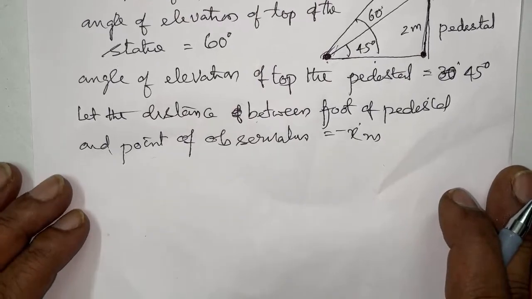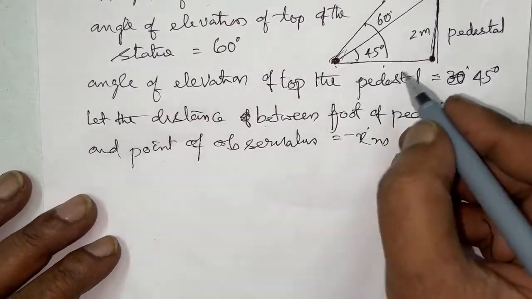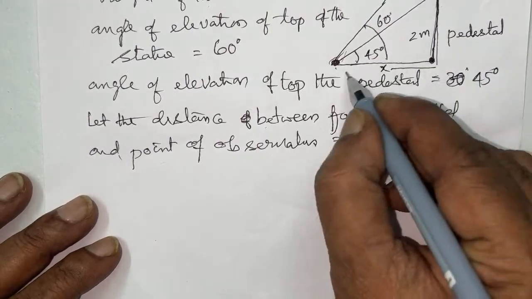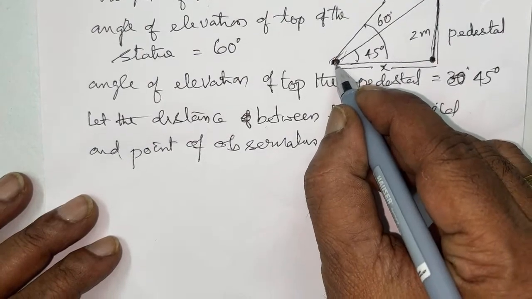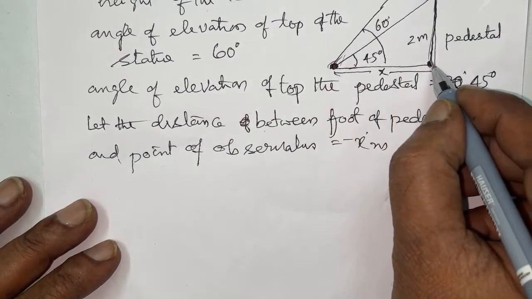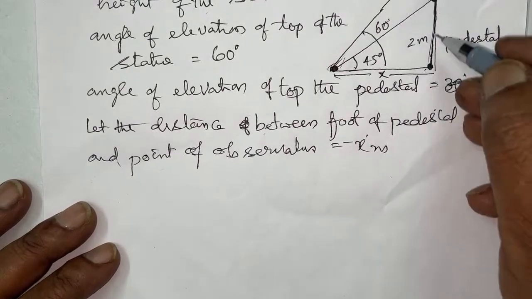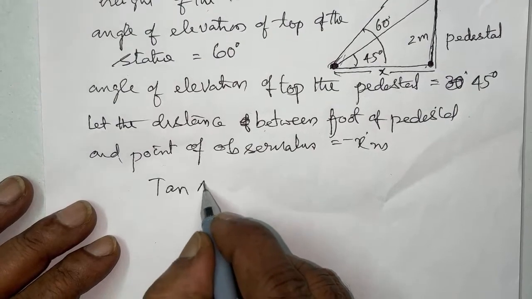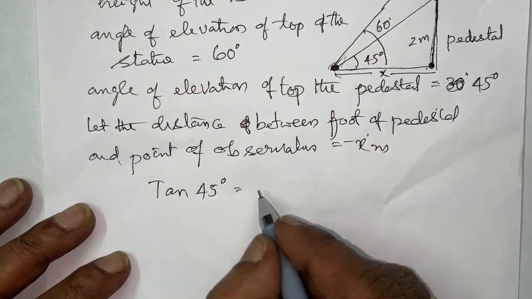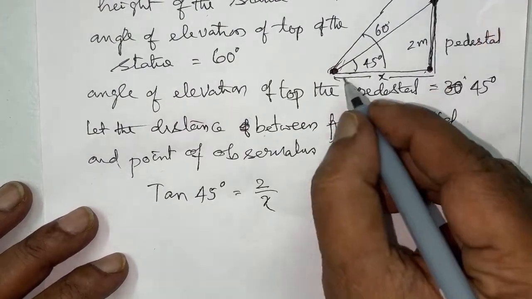First of all, we calculate this x. The x is nothing but the distance between the observer and the foot of the pedestal. h is only the height of the statue. The pedestal height is already given as 2 meters. So now it is easy: tan 45 is equal to 2 by x, that means opposite by adjacent.